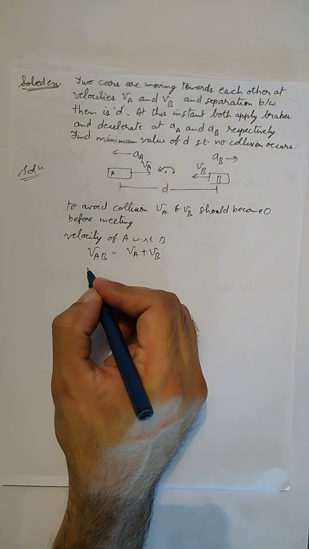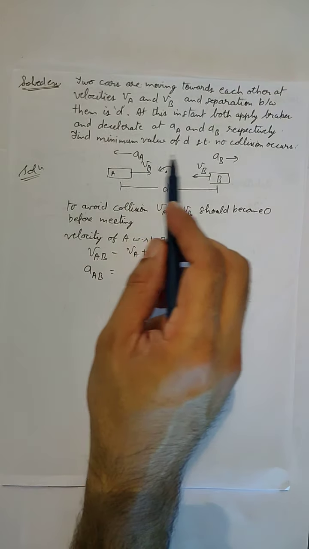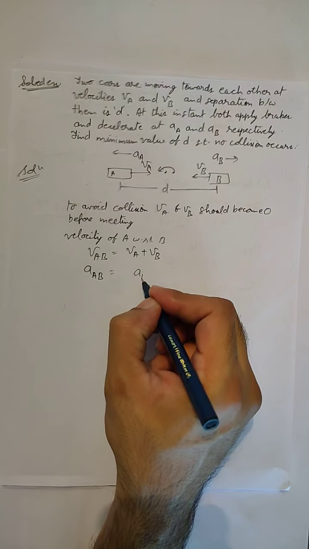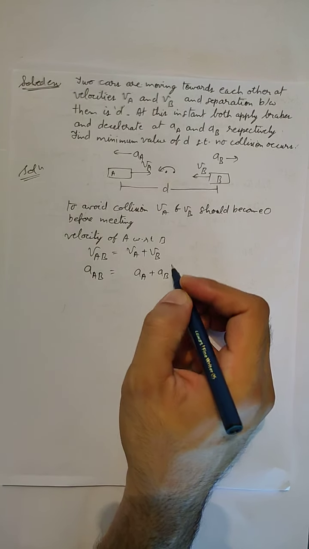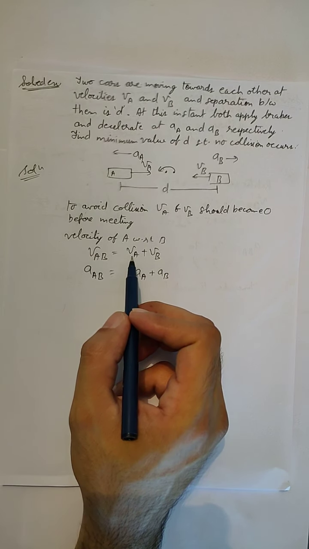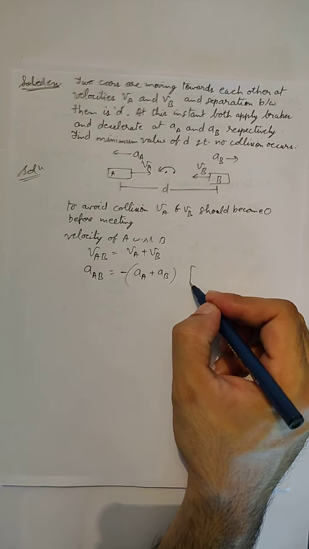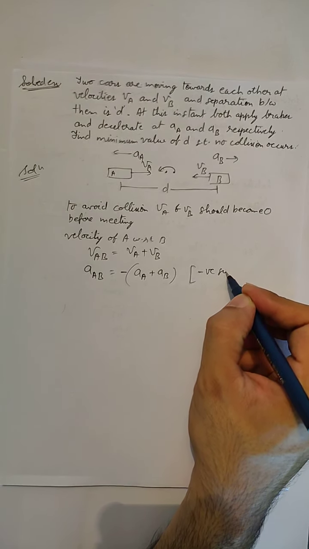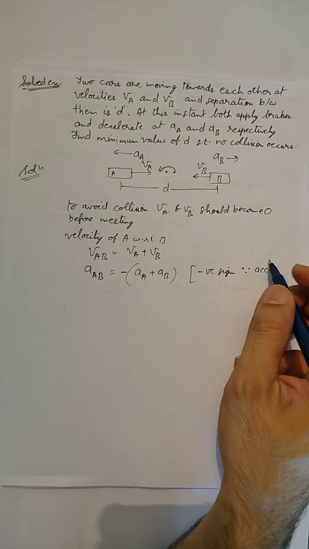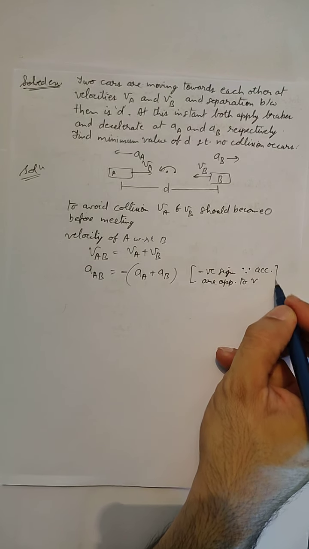And similarly we can write for acceleration of A with respect to B, and since both the accelerations are also in opposite direction, it will be AA plus AB. But since the accelerations are opposite to the velocity, the total acceleration we can take as negative. I can write here that we are using a negative sign because both accelerations are opposite to velocities.